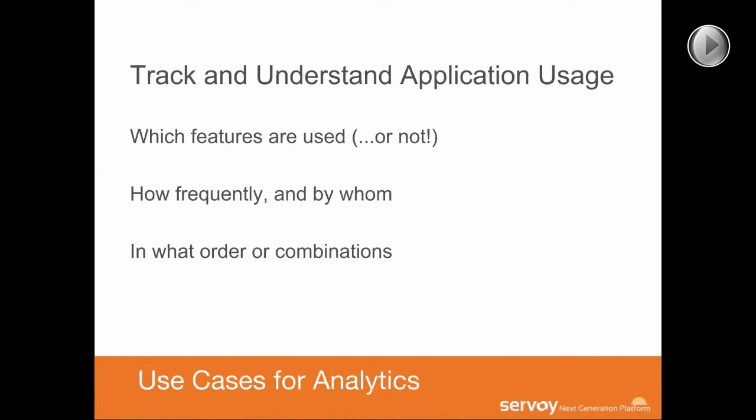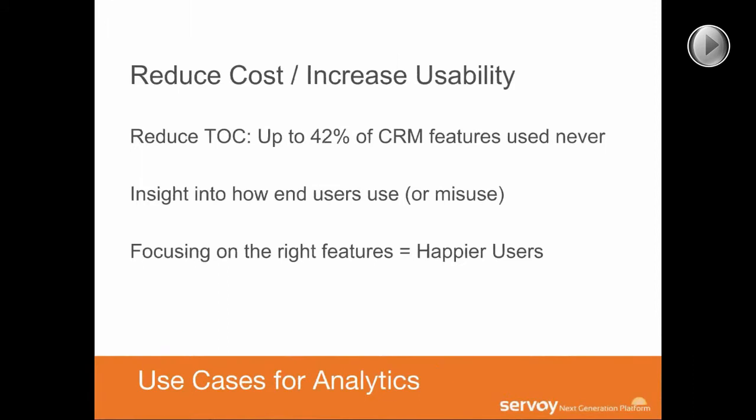So, really the key use cases for analytics is to understand what features are used in an application or not, how frequently the features are used, who uses them, in what orders or combinations are features being used. And I think a real compelling case for analytics is to reduce the cost of software by reducing unneeded features or underused features.